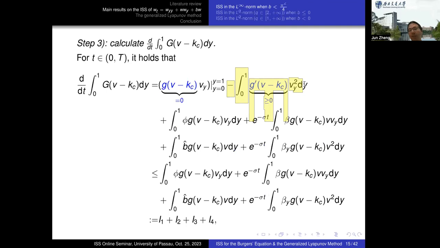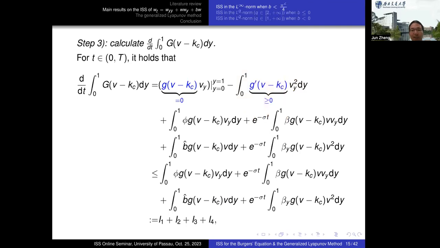Then the second term is negative. So these 2 terms can be eliminated and only the sum of the 4 terms are left. But for these 4 terms, we can handle them easily.